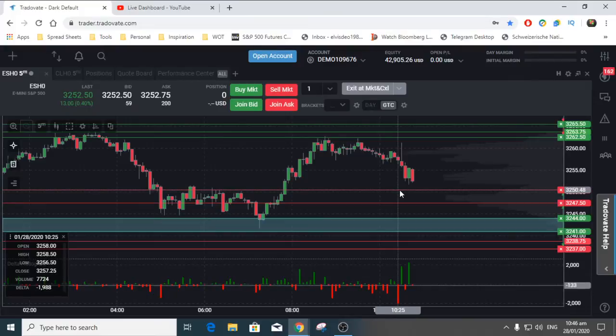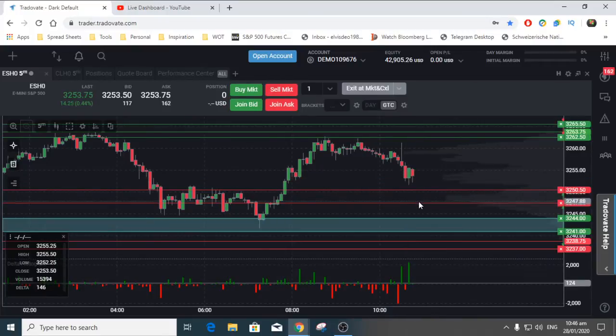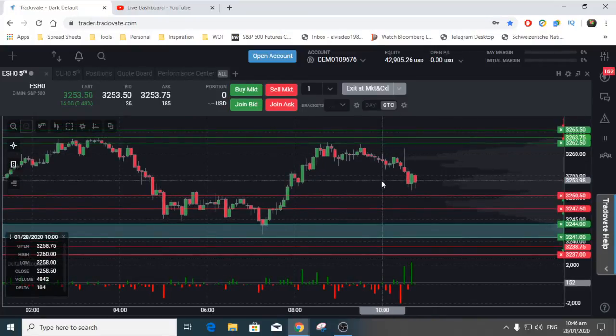You can see volume to the upside, market does not react. Volume to the upside, market doesn't react properly. It just gives you an indication on the momentum and the shift in momentum.